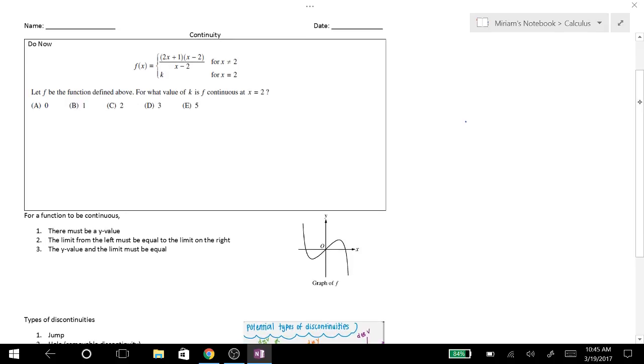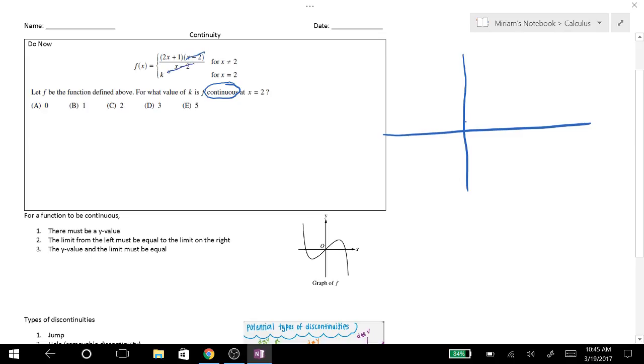Okay, so the goal here is to make this function continuous, meaning it's smooth on the curve. There's no breaks, no jumps, no holes, no vertical asymptotes. Okay, so if you look at this first function they gave you, you'll see that you can cancel the common factor, x minus 2.